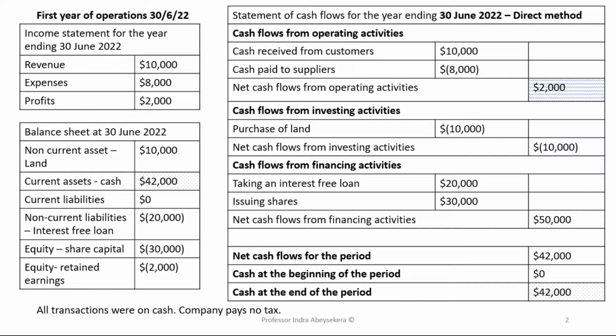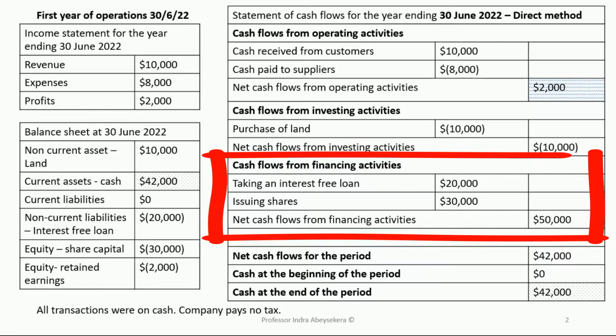The cash flows from financing activities can arise from long-term liabilities and also from the shareholders' equity. Under the non-current liabilities, there's an interest-free loan that's taken, which means there's $20,000 of cash coming in.